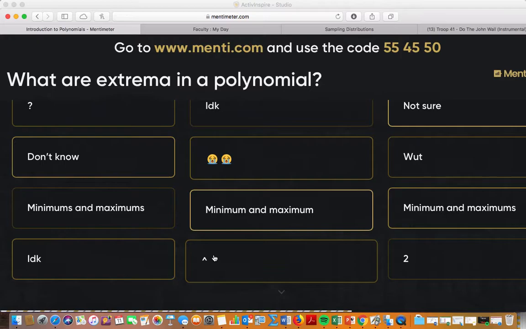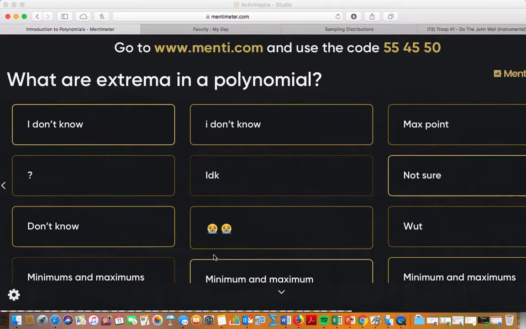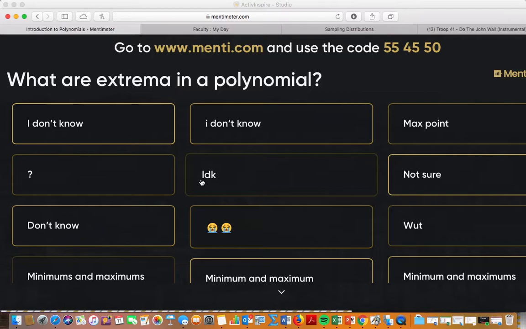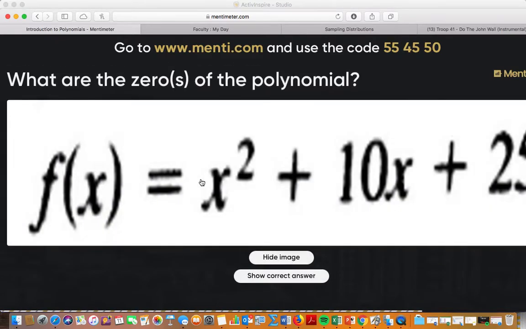Congratulate, Jake. That's good. Who put minimum or maximums? Those are extrema. Just a fancy word for either a minimum or a maximum, right? So if you hear extrema, someone said maximum point. Minimum or maximum is kind of what we're at there. Give yourself a point if you got that one right for you and your team. Let's go to the next one.